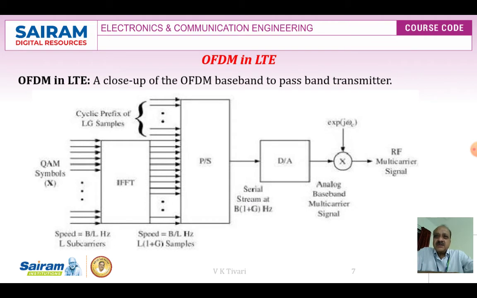In OFDM LTE, we can see the X symbols are converted into parallel streams. At the end, a digital to analog converter produces the analog baseband multicarrier signal. It is converted to an RF subcarrier.